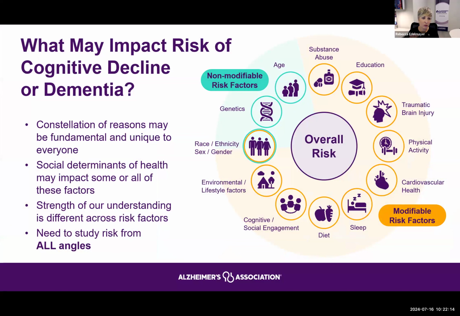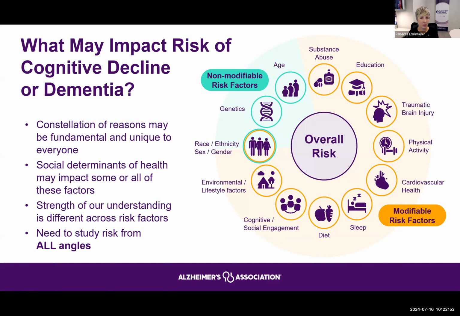And our overall risk is really made up of both what we call non-modifiable risk factors, things like our age, we can't change our age, or things like genetics, and then modifiable risk factors. Those are things that potentially we have the ability to adapt or adopt, things that could reduce our risk in terms of modifying that risk over time. So these are things like our physical activity across our life course, education across a life course, even our nutrition, our diet, how we sleep, environmental or other lifestyle factors, and even our cardiovascular health.